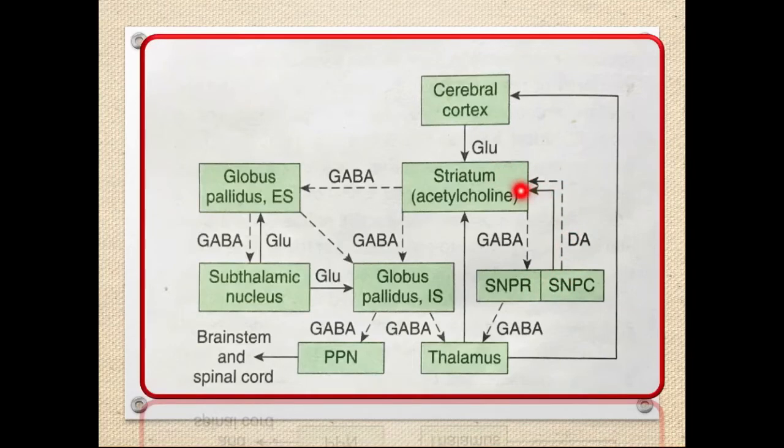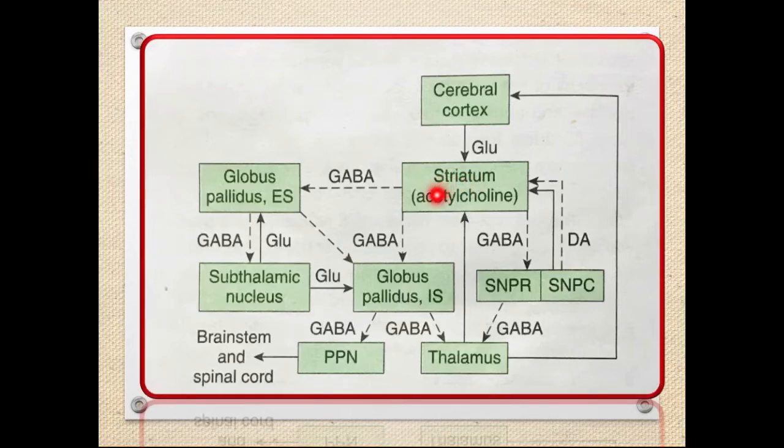Okay, so there is one very specific, significant thing, that is acetylcholine. See, within the striatum, about 95% of the neurons release inhibitory transmitter.